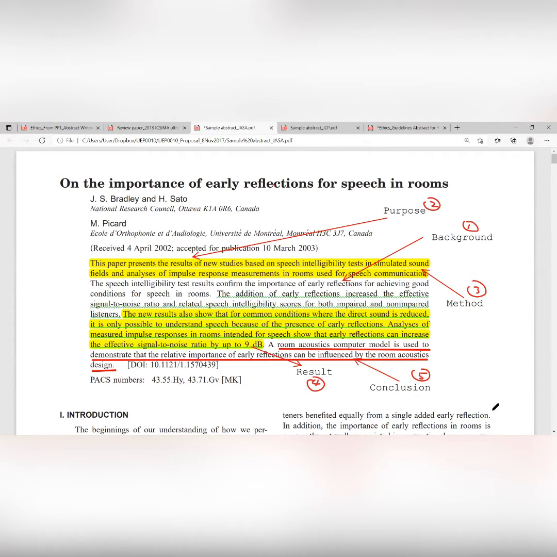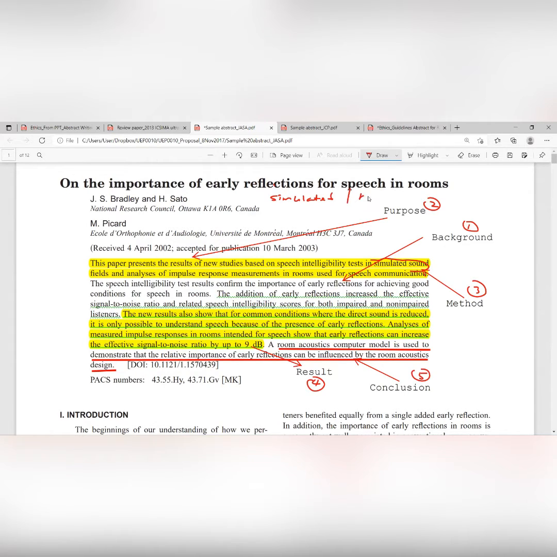But instead, it goes straight to the purpose of the paper. They want to show the result based on a speech intelligibility test in a simulated sound field. So if I'm looking for something that requires a real room, this is what we call simulated, versus a real experiment.